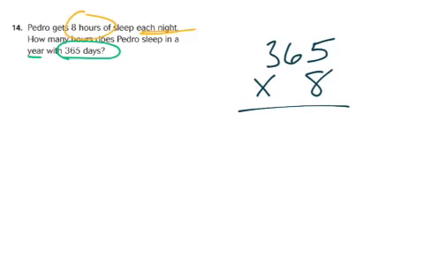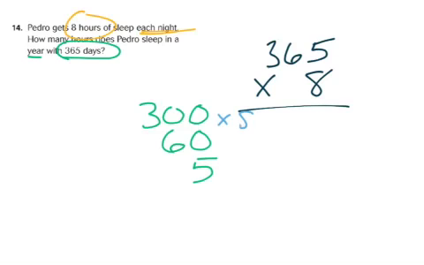Step number 1 is to expand. So I'm going to take my 365 and break it up into 300, 60, and 5. Step number 2 is to distribute. So I'm going to take my 8 and multiply each piece by my 8. Step number 3 is to multiply to find my partial products.